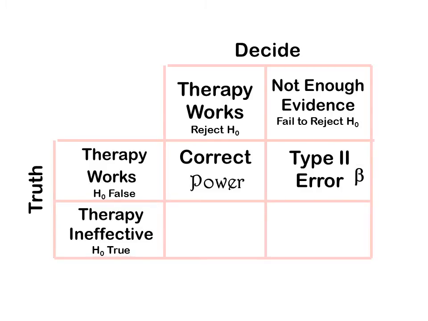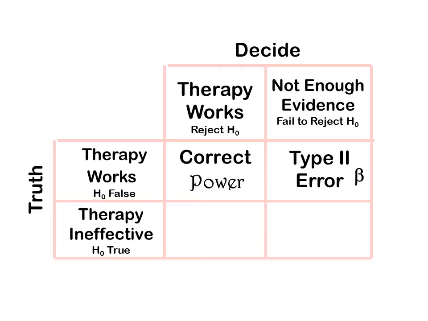And the probability of a type 2 error is given by beta. On the other hand, if therapy works, if the H0 is false, and we reject H0 and determine that therapy does work, then we've made a correct decision. And the probability of that is called power. And that's what we're here to study today, is power. How do we find out how powerful a study is to discover something works when it really does work?